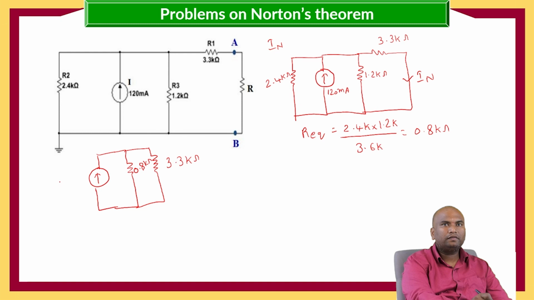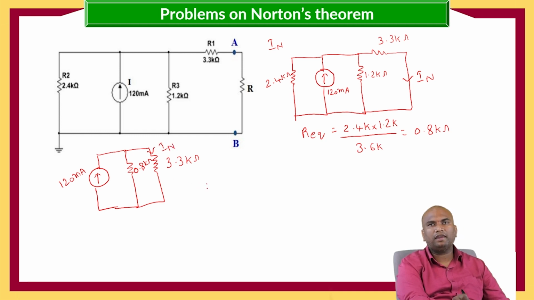And here it is 120 milliamperes. Now we need to calculate the current flowing through 3.3, which is nothing but the IN value.